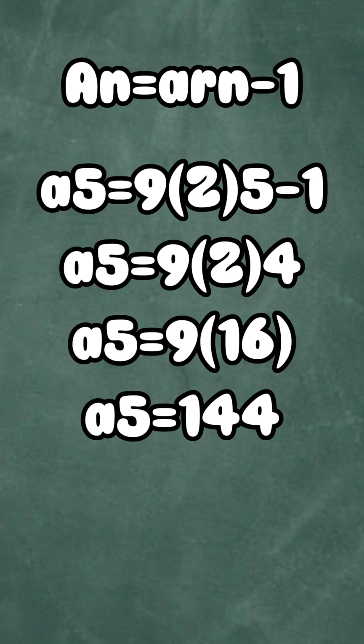Then a_5 equals 9 times 2 to the power of 4. And that will be a_5 equals 9 times 16. And 16 times 9 is equal to 144. So a_5 is equal to 144.